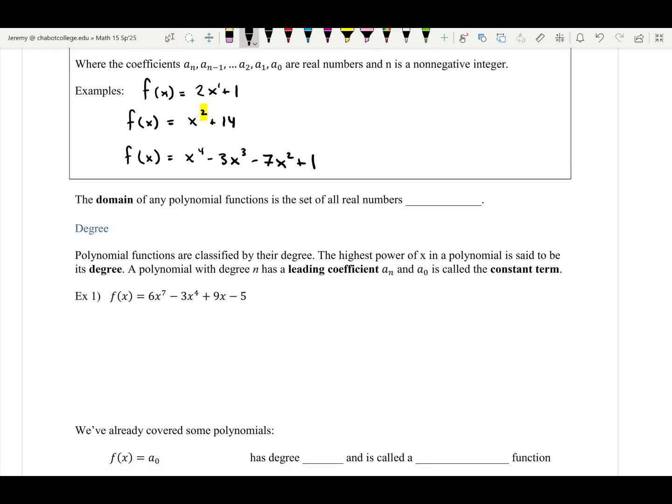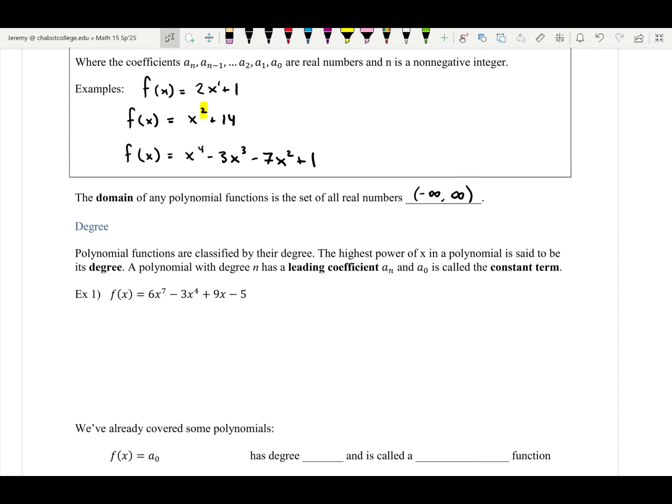So here are some facts about polynomials. The domain of any polynomial function is the set of all real numbers. So all numbers from negative infinity up to positive infinity, if we're writing that in interval notation, as we usually do.